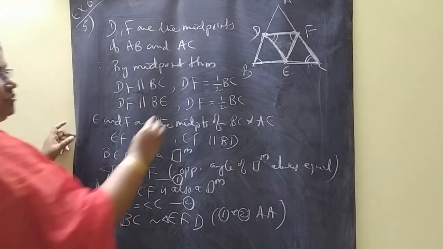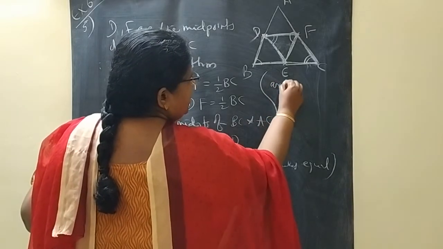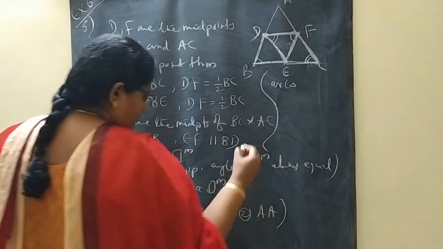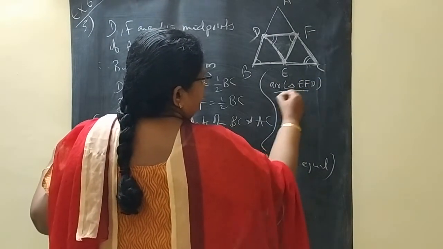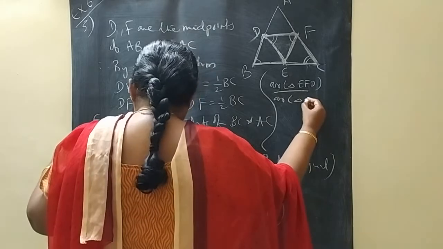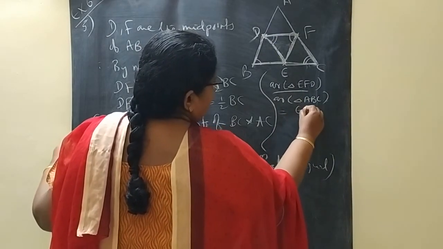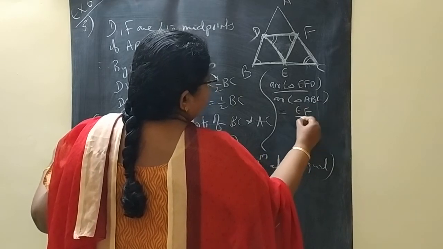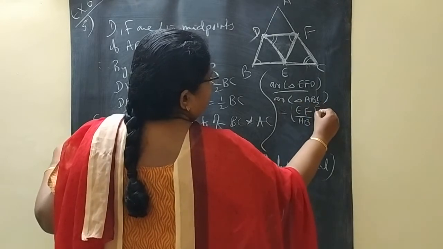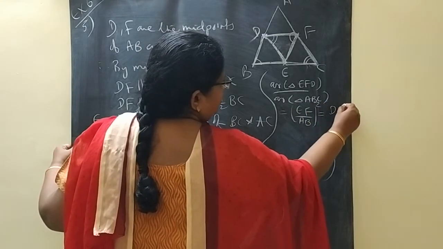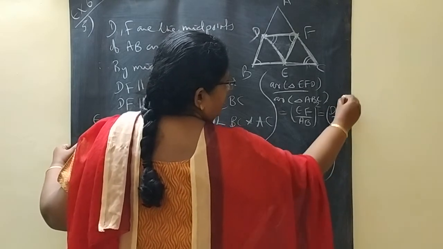So what is the area theorem? Now we are going to apply it. Area of triangle EFD divided by area of triangle ABC is equal to (EF divided by AB) whole square, or it is equal to (DF divided by BC) whole square.